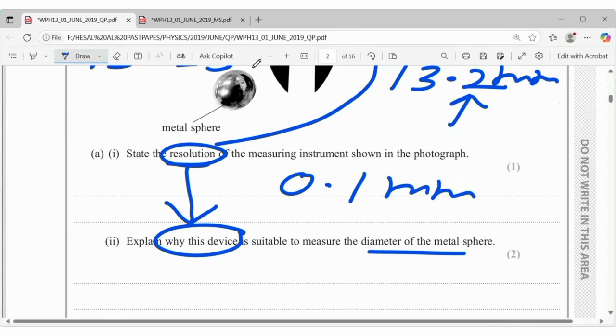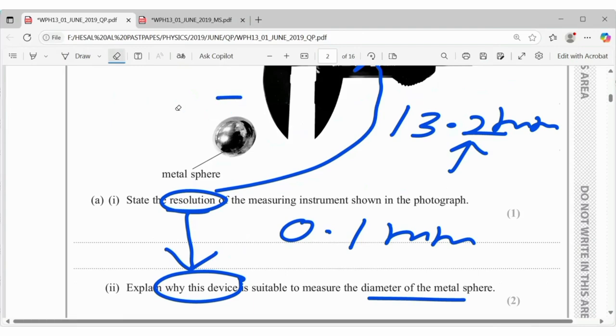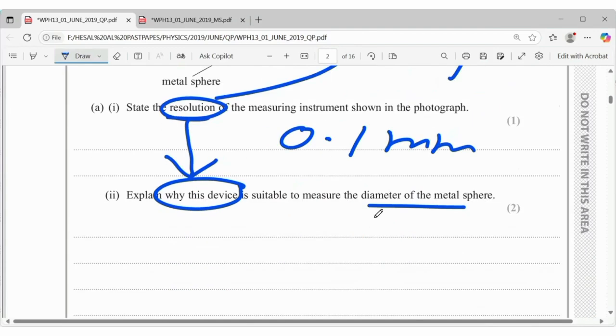When we look at this sphere diameter, this resolution value is too small. When considering that, we can build up our answer with 2 points. Here, resolution is too small compared with the diameter of the metal sphere. So, percentage uncertainty is small. Like that, you can build up your answer.